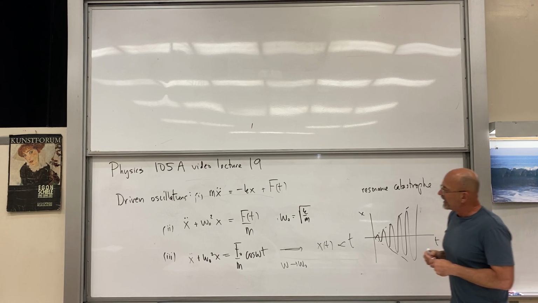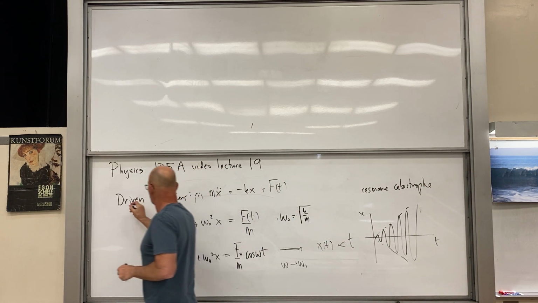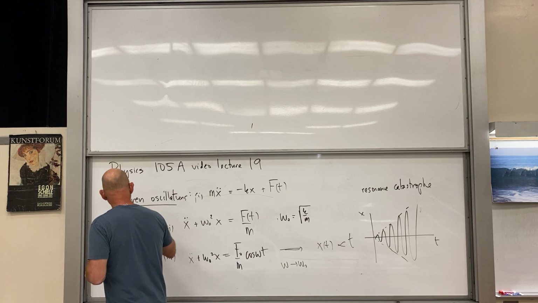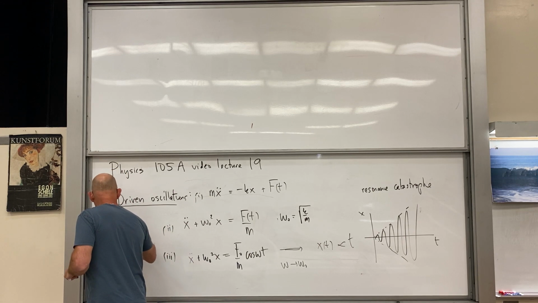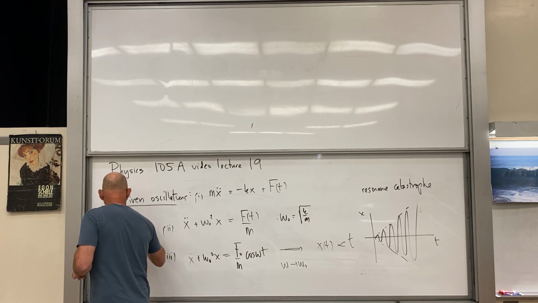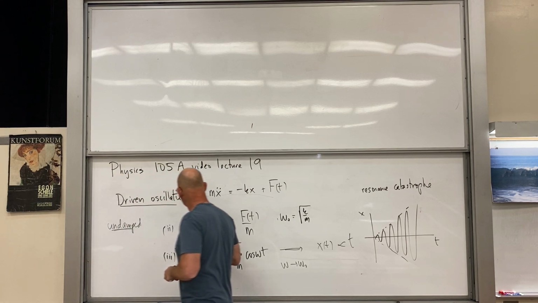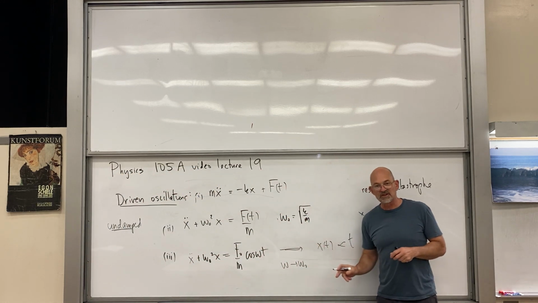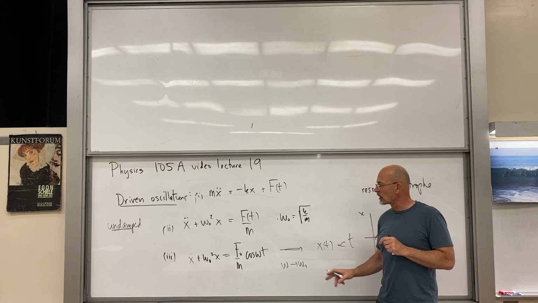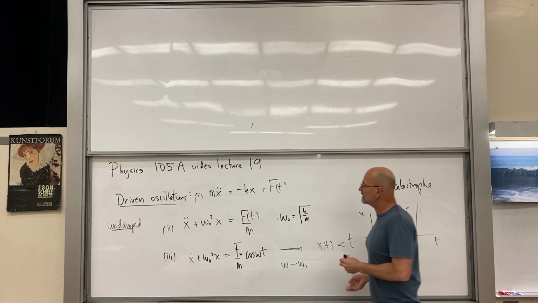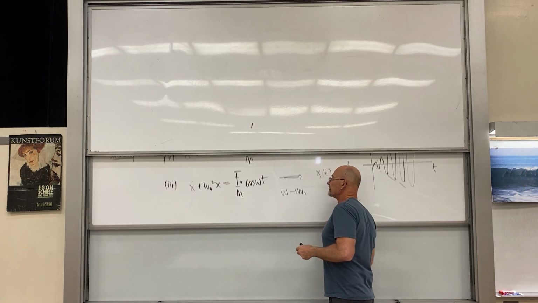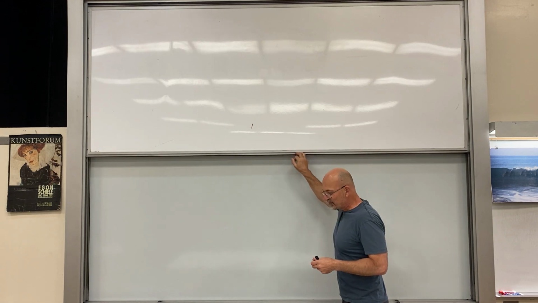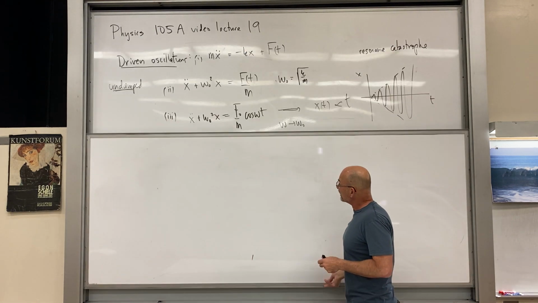And what we're going to do next, these were undamped. And what we're going to do next is look at the differential equation that we'd already seen before with the damped oscillations. So now we're talking damped driven oscillations.